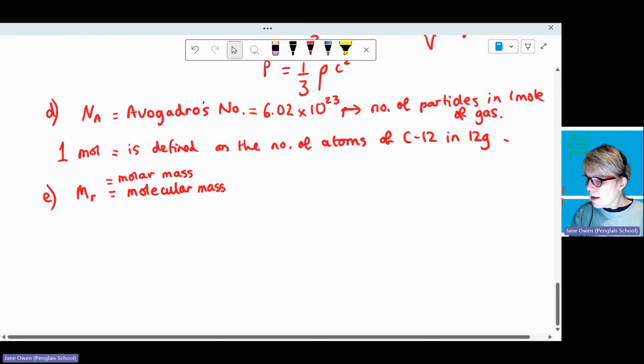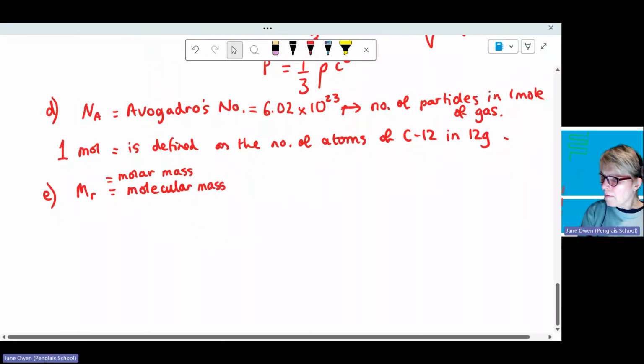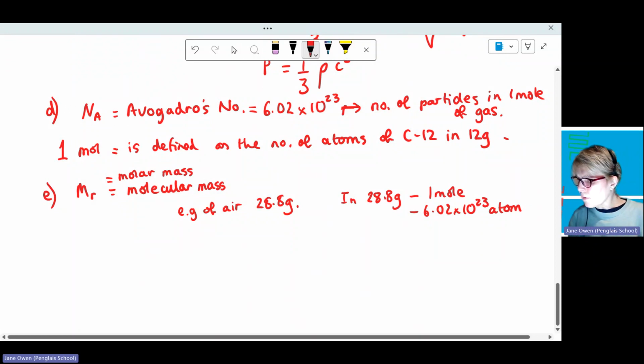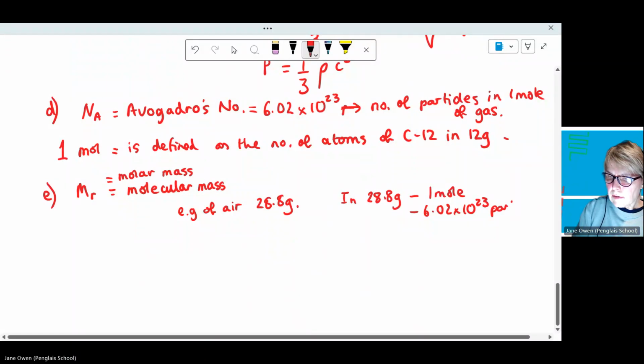For example, the molar mass of air is 28.8 grams. So that tells me that in 28.8 grams, there is 1 mole. There is 6.02 times 10 to the 23 atoms or particles of air. We ought to say particles of air because it's a mixture.